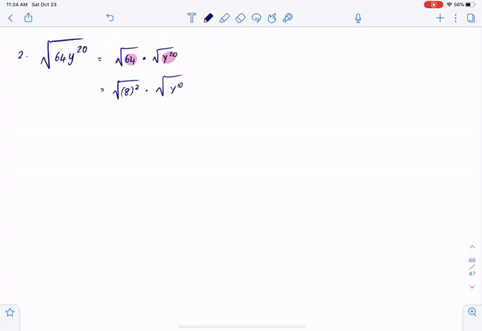I can write y raised 20 as y raised 10 raised to the power of 2. So the root and the square will get cancelled. So we simply end up having 8 multiplied by y raised 10. It's 8 times y raised 10.